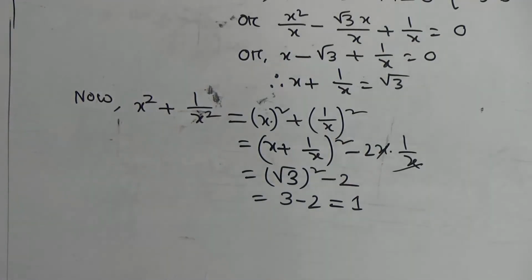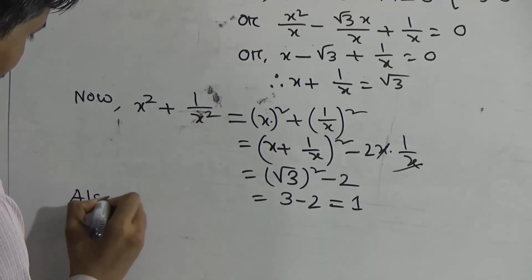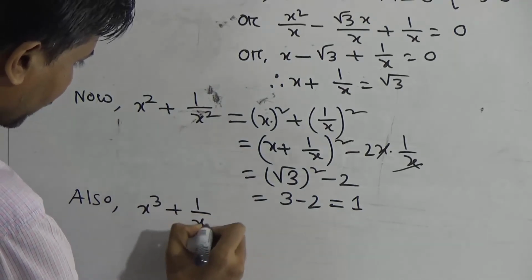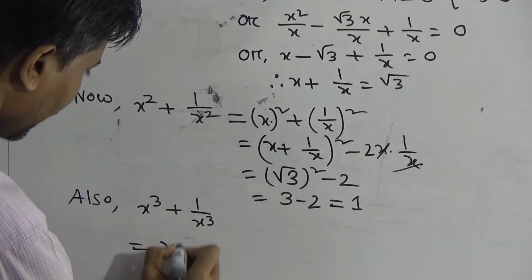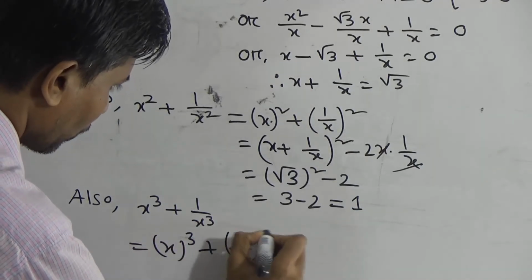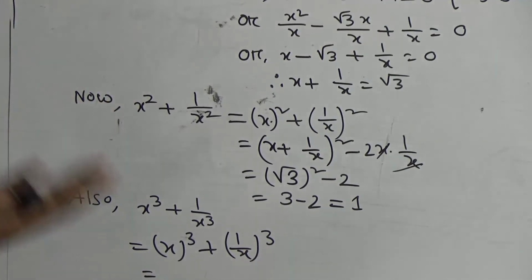Okay. Now also x cube plus 1 by x cube. This is equal to what? Do you know what is the formula of a cube plus b cube?